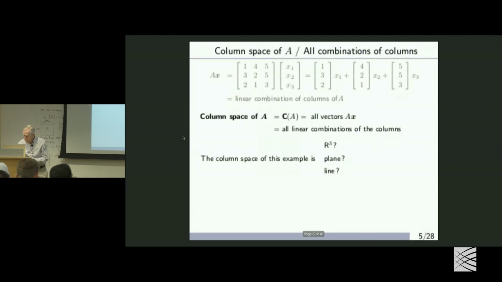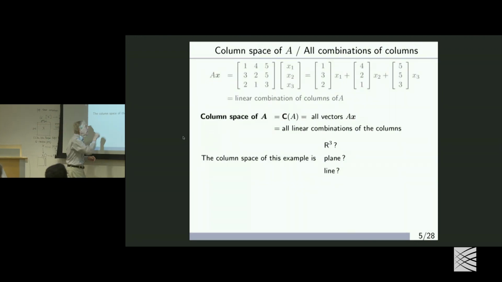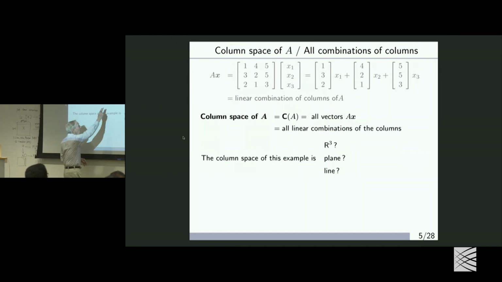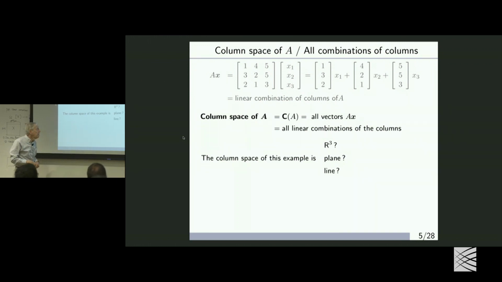Okay, let's take that one more step. Suppose I take all vectors Ax. I'm looking at a fixed matrix A, and I multiply it by all possible vectors x. So I get all linear combinations of the columns. And I'm wondering, what is that?